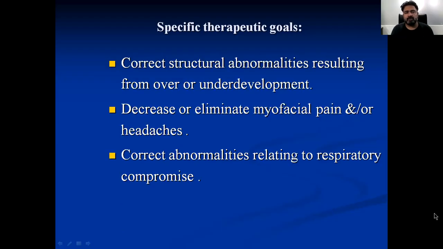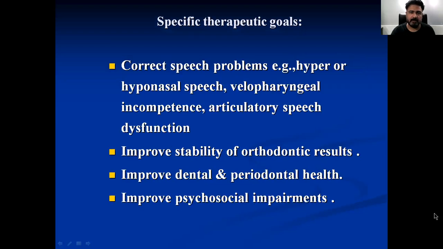It also corrects structural abnormalities resulting from over or underdevelopment, decreases or eliminates myofunctional pain or headaches, corrects abnormalities related to respiratory compromise, corrects speech problems, hyper or hyponasal speech, velopharyngeal incompetence, articulatory speech dysfunction, improves stability of orthodontic results, improves dental and periodontal results, and improves psychological impairments.